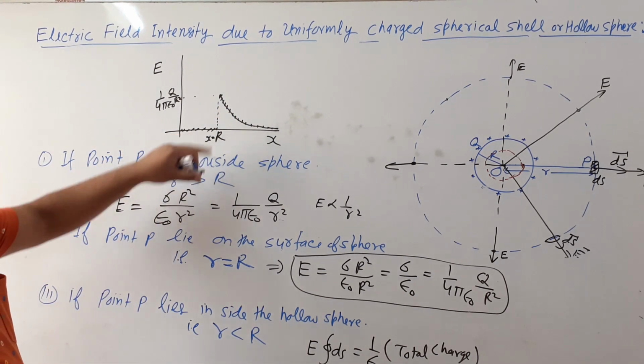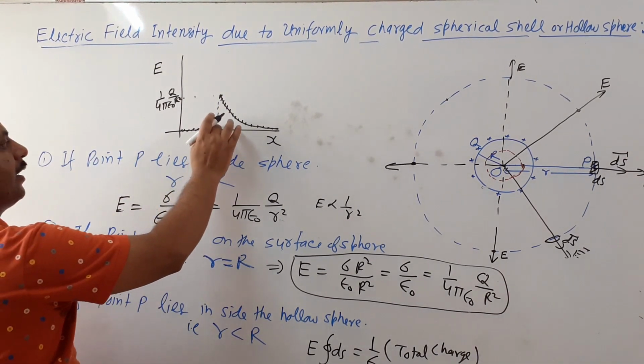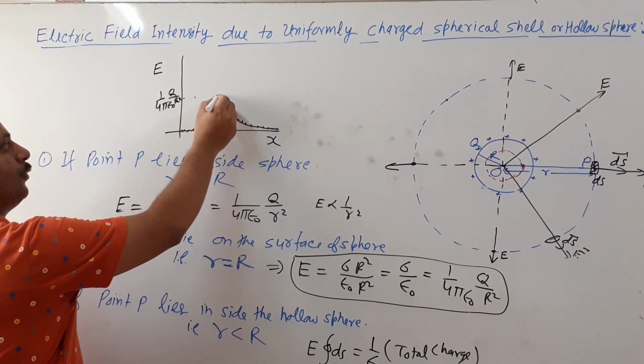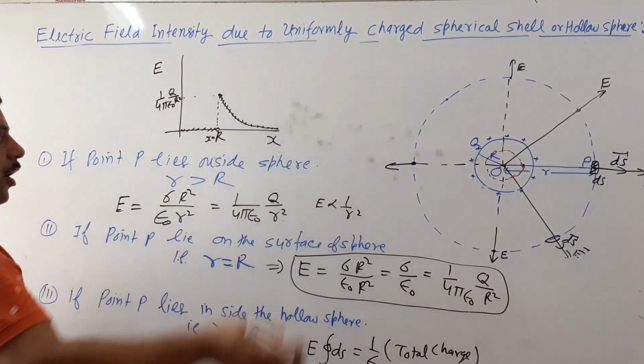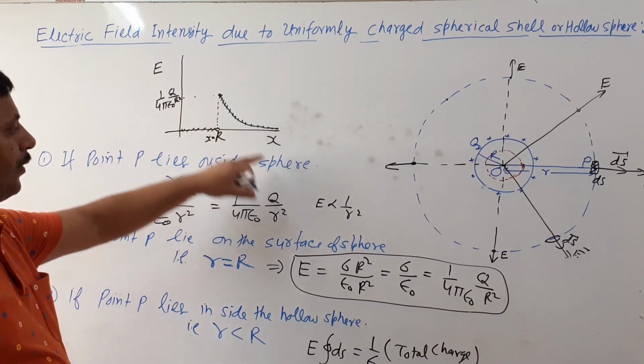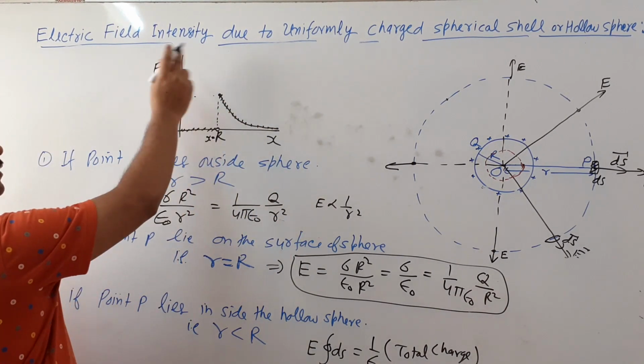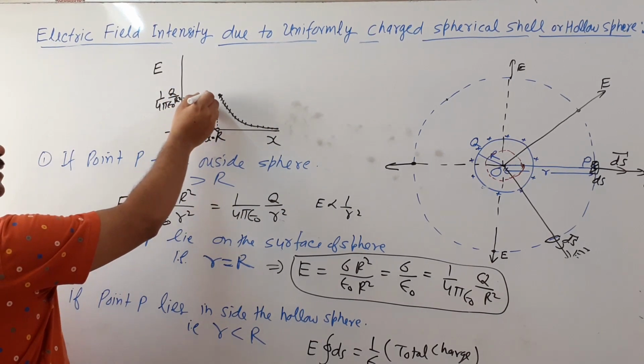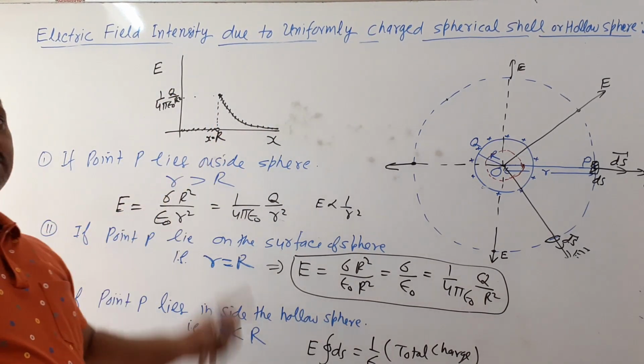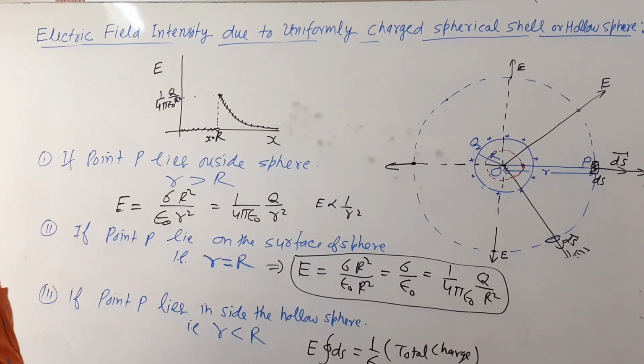Inside it is 0, 0, 0, suddenly at r, this is open, this is closed. After that it is inversely proportional to r square. This will be the graph of electric field intensity against the distance of the point from the center.